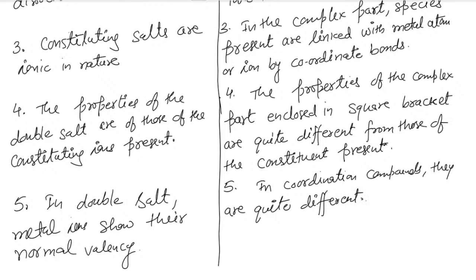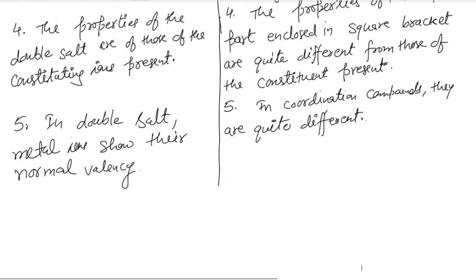Right? So this is about the difference between double salt and coordination compounds. Okay, double salts have the same properties as that of the metal ions or ions present in the different salts, but coordination compounds' properties are entirely different. Okay, even valencies are different.